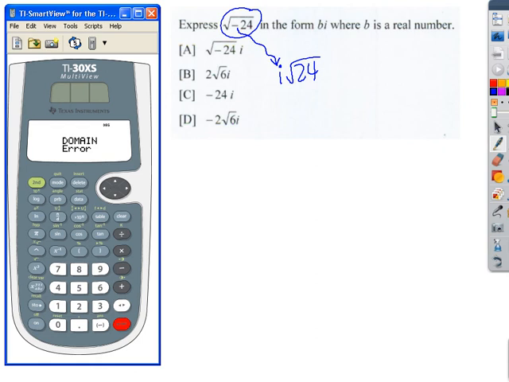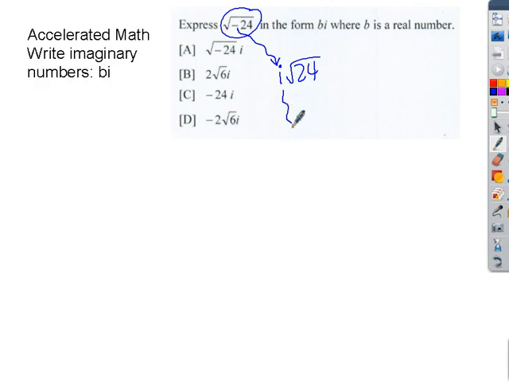Take your calculator, clear it, and do second square root 24 without the negative, and enter. Get the answer from the calculator, 2 on the square root of 6. As soon as I have that, I know I've already got the i out of there, so the i stays on the outside, and that's 2i square root of 6. See how I put that i right in the middle of it? The 2 is out there. So B is still our answer.